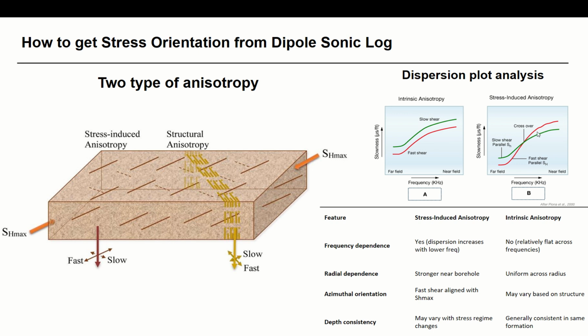As you remember from the design of the dipole sonic tool, the tool emits two kinds of waves in orthogonal directions, x and y. When the wave arrives at the formation and faces an anisotropic medium due to stress, the fast shear will follow the fast direction and the slow will follow the slow direction. However, the tool is a machine.